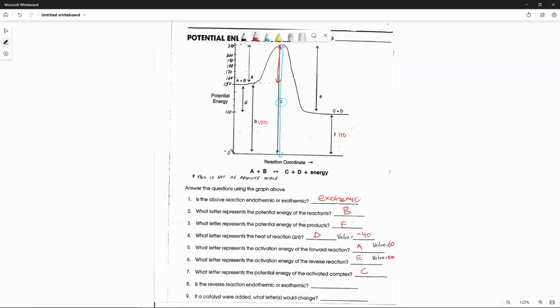If the reverse reaction is this, the product side converted into the reactant side, and the reactant side converted into the product side, we're essentially going in this direction. So if we started with a low reactant and we ended with a high product side, we know that energy entered, therefore it is endothermic.